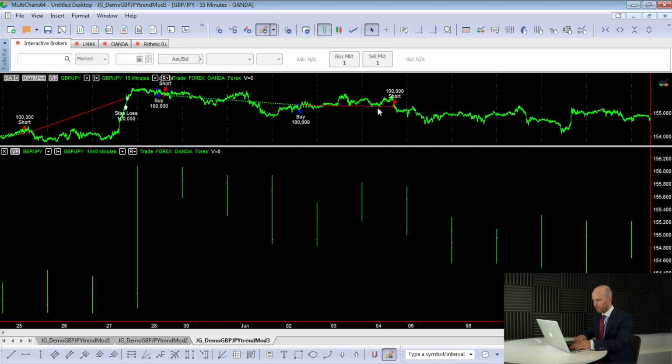So we want to know that on the previous session, so on yesterday, which is this bar, we need this low to be less than the low of the 5 bars back. So this is 1 bar back, 2, 3, 4, 5, and here's the low. So yes, this low is lower than this bar, so we can go short.